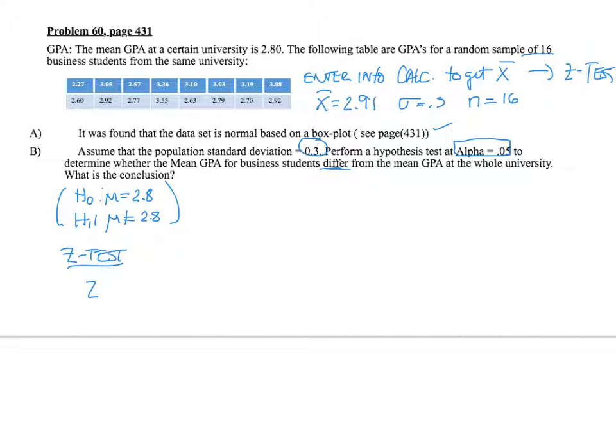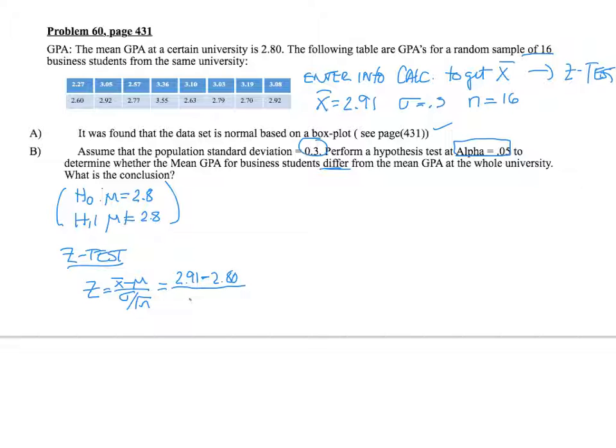So z is equal to x bar minus mu divided by sigma over square root of n. In this case, x bar is 2.91. I subtract out the 2.8.